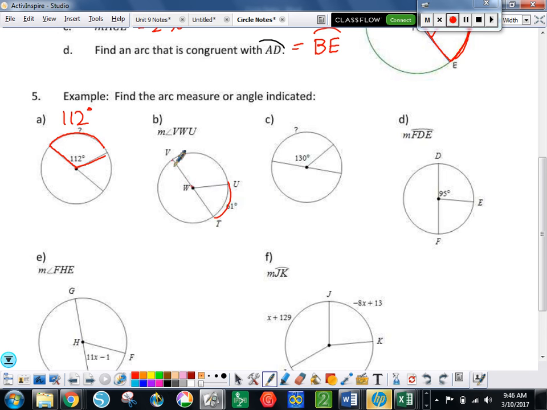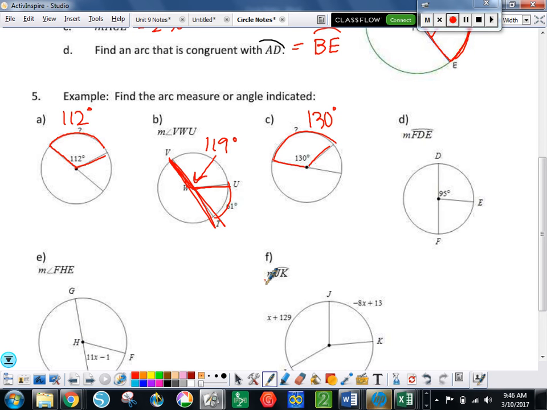The diameter is subtracted 61. Very good. And if this arc is 119, then that angle is 119. Okay, let's do another one. If this is 130, this arc would be what? 130. Good. I forgot the degrees. Put the degrees on there.